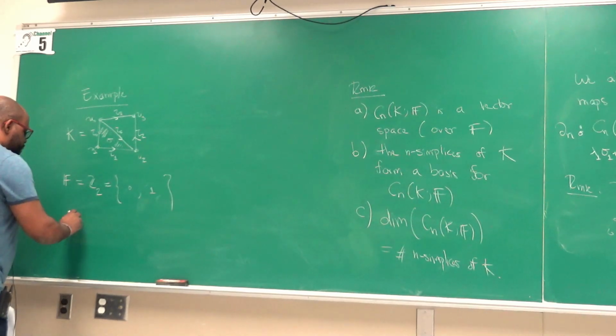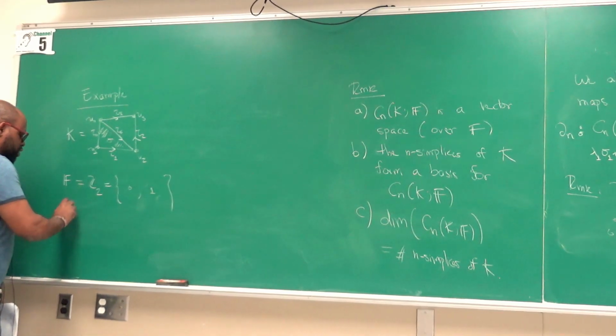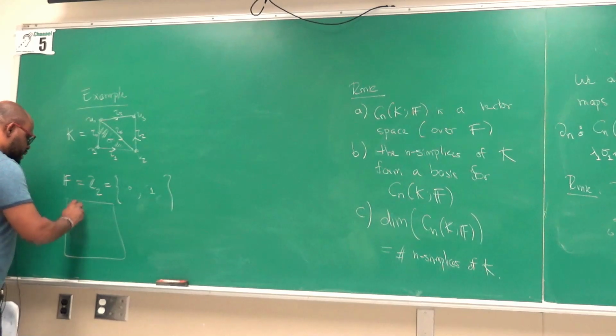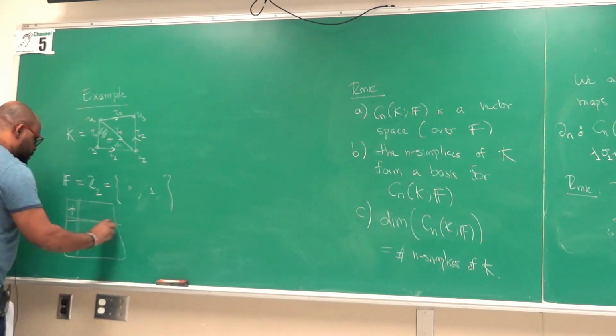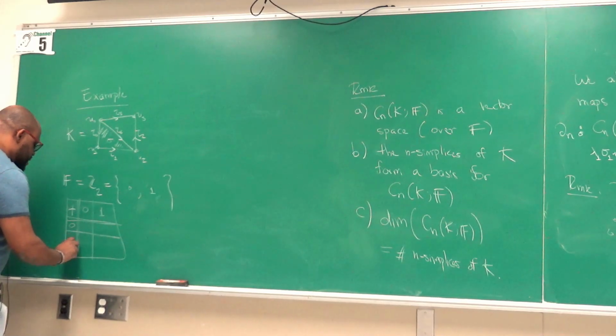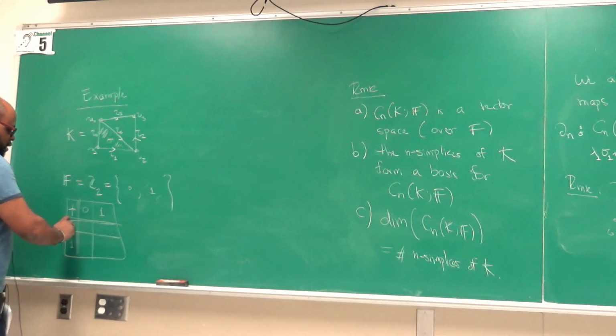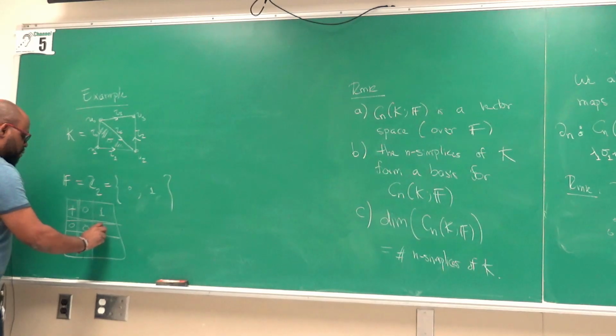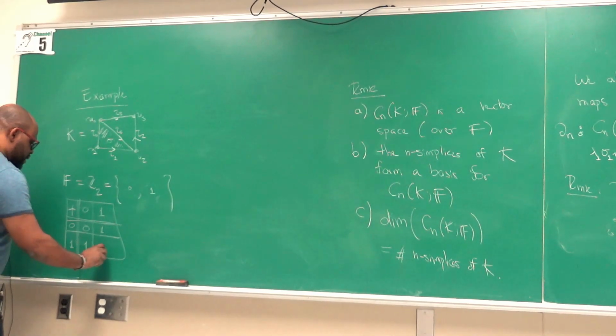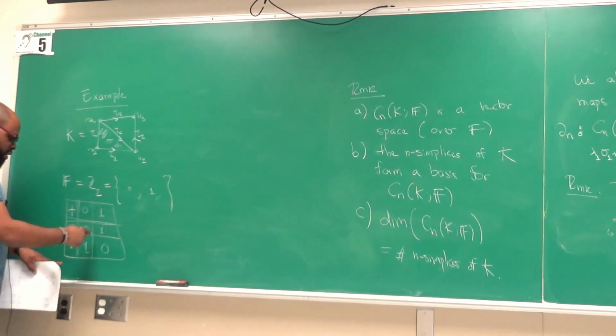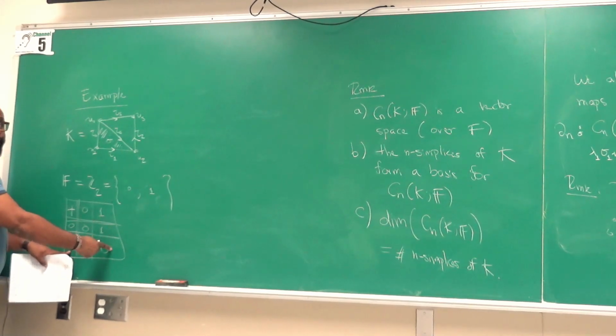So, for example, if I want to look at the addition table in Z mod 2, then I have to say how to add things. So 0 plus 0 is 0, 0 plus 1 is 1, 1 plus 0 is 1, and 1 plus 1 is 0.